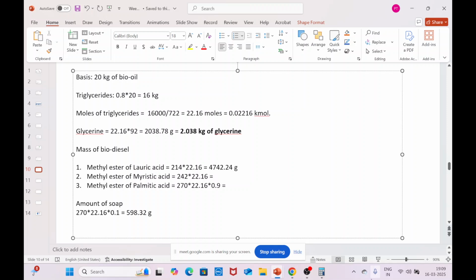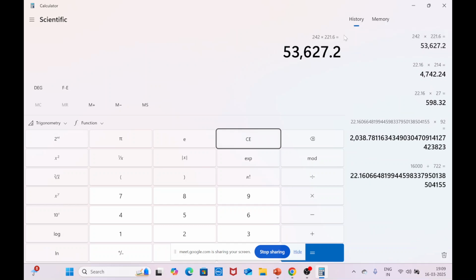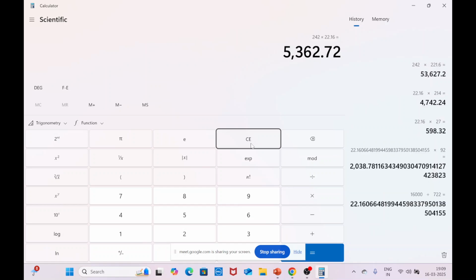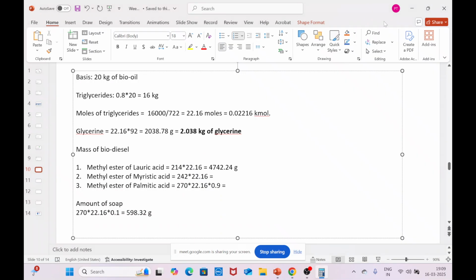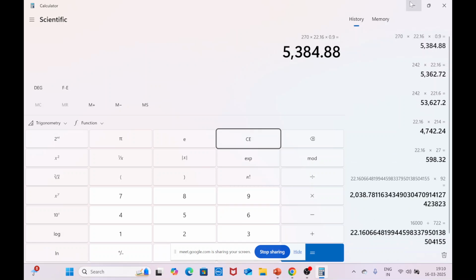Then 242 times 22.16, sorry, 242 times 22.16, 5362.72. And this one will be 270 times 22.16 times 0.9, 5384.88.